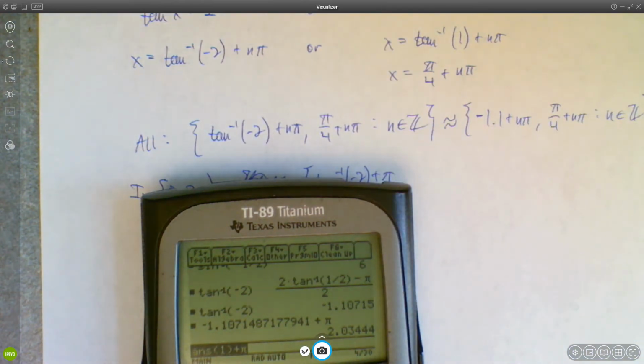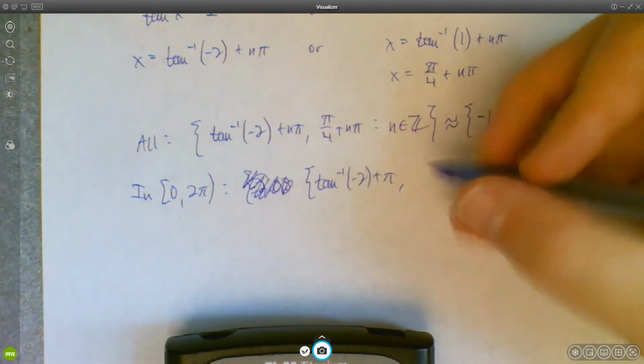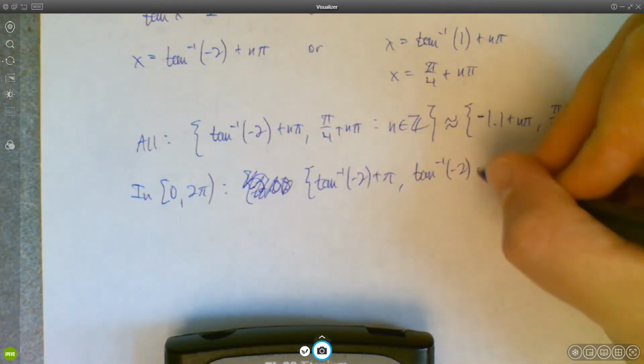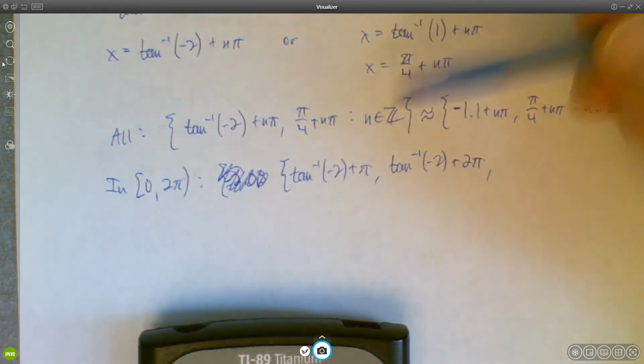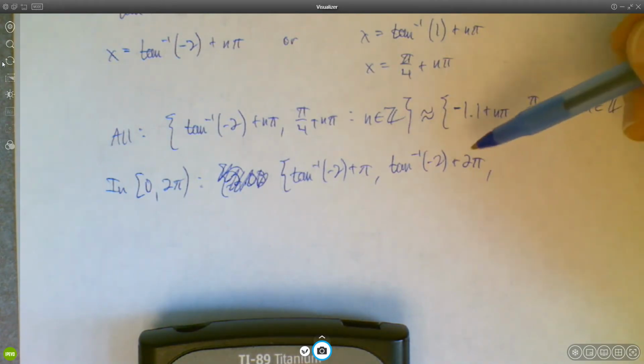So tangent inverse of negative 2 plus 2 pi gives us 5.17 or whatever, but that's well within the range still. And that'll be it. If we go up to 3 pi, that's going to be too big, right?